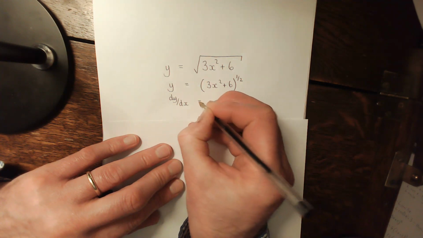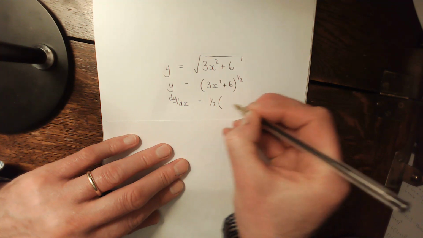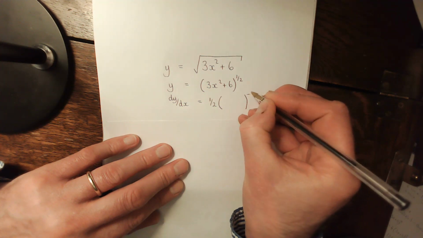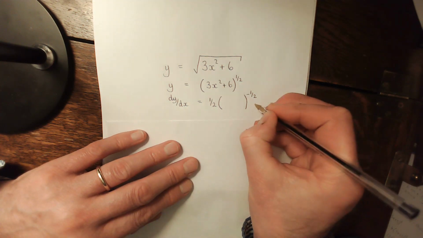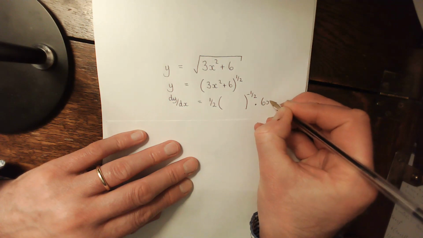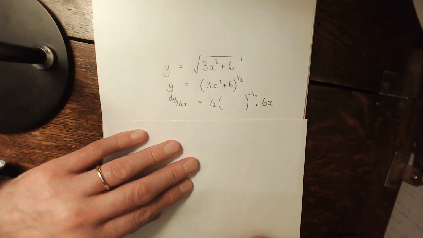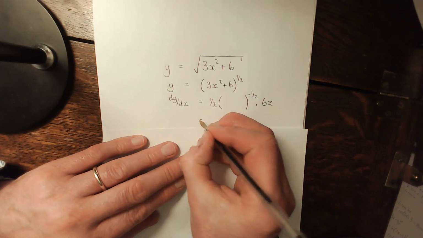Same process as before. 2 steps. First step is differentiate the bracket. Second step is I multiply it by inside the bracket differentiated. I'm then going to tidy that up.